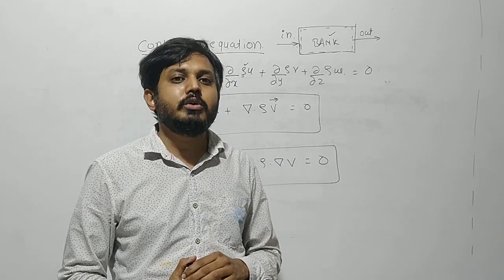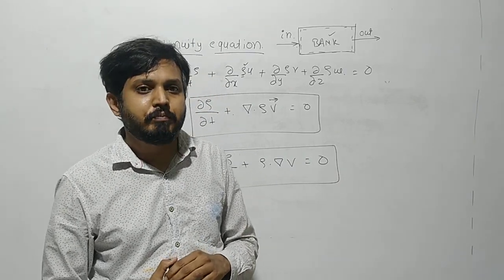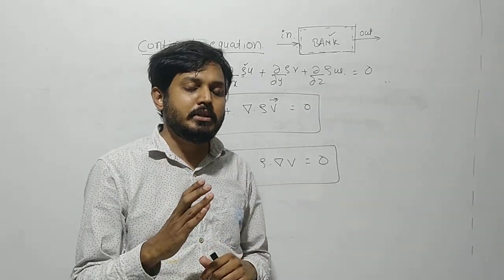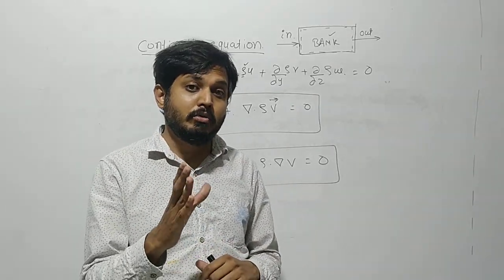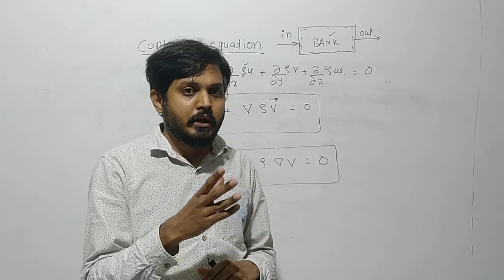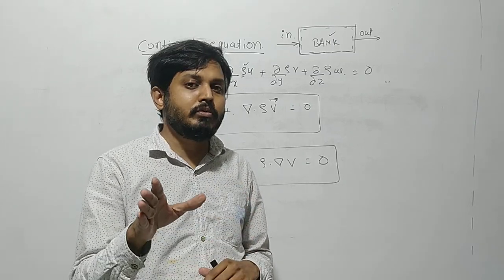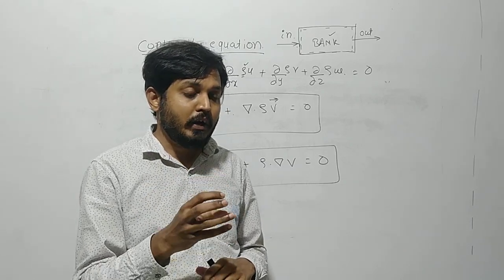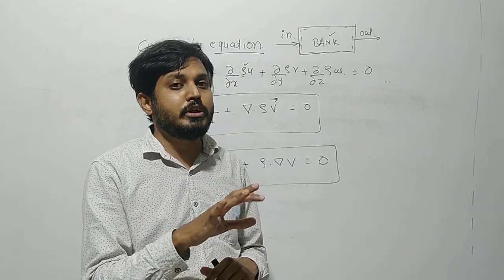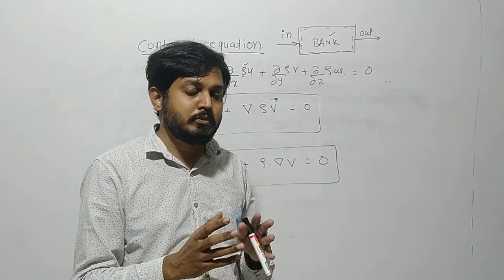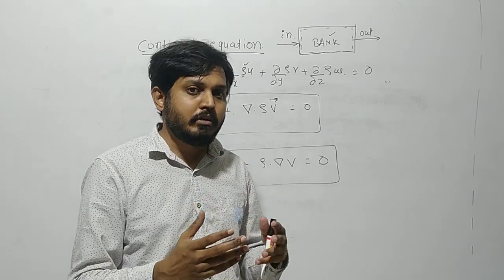About the continuity equation, there are a total of 4 models we have. First, a finite control volume fixed in space, which will be the integral form. Second, a finite control volume moving with the flow, which is also integral form. If the finite control volume moves with the flow, it is non-conservative in nature. If it is fixed in space, it is conservative in nature.